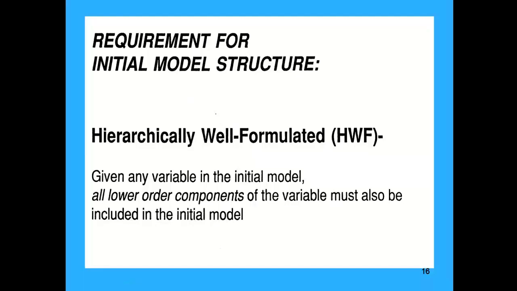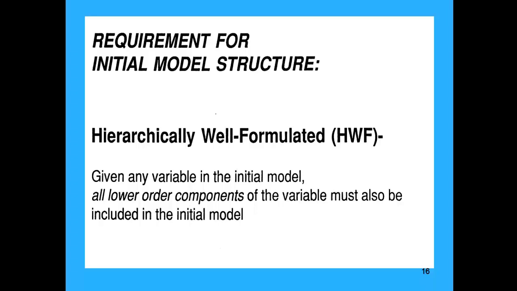When you write down what's in that initial model, the E, and right now I'm only considering one E, V's, and EV's in the model. There's a rule. The model has to be what's called HWF, hierarchically well formulated. Have you heard that term? Did Eli mention it? Anybody mention it? Well, I'm mentioning it.